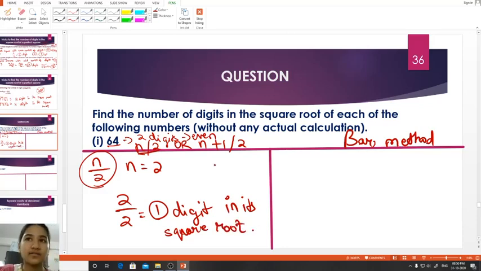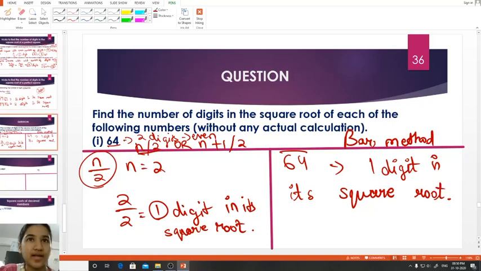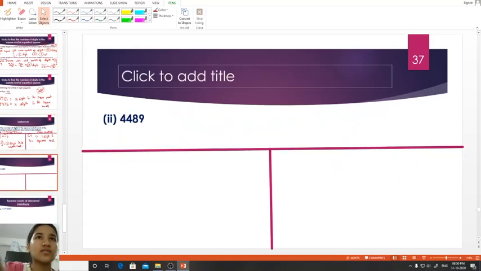Next, the bar method. If we see the bar method, we are going to get only one bar. That means one digit in its square root. Done. Let's see one more question.